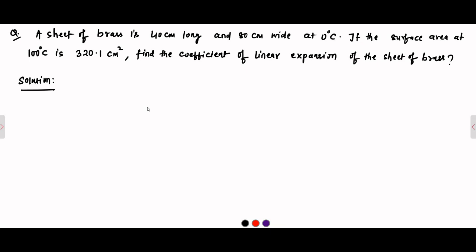Again, the data is based on surface expansion, but what is asked in the question is to determine the linear expansion coefficient of the sheet of brass. So first let us write all the data given for the brass sheet.